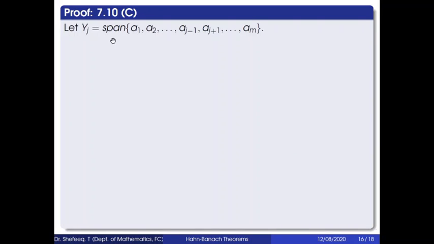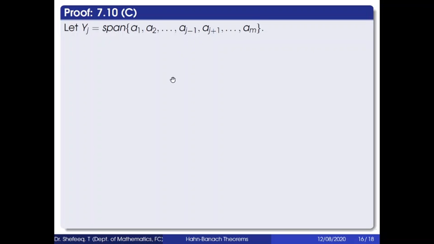Let Yj be equal to the span of the set a1, a2, ..., aj-1, aj+1, ..., am. Here we notice that aj does not belong to Yj. You should note that here aj does not belong to this set.